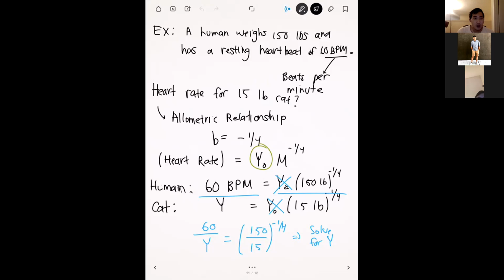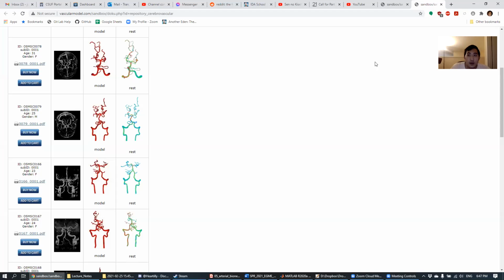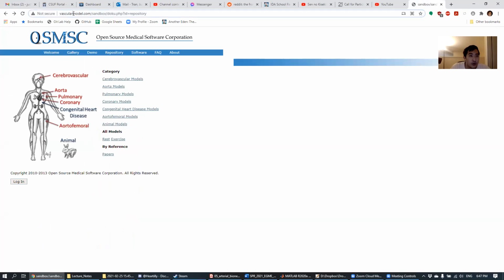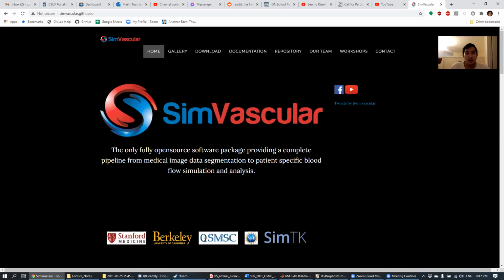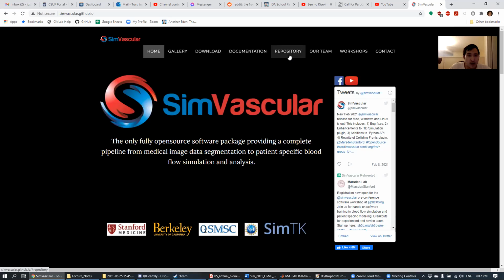So the website, I think it was linked earlier in the chat, but the way that I usually go there is from the Vascular website. So let me go ahead and share my screen again. I go to www.vascular.org, and then I click this button for repository.